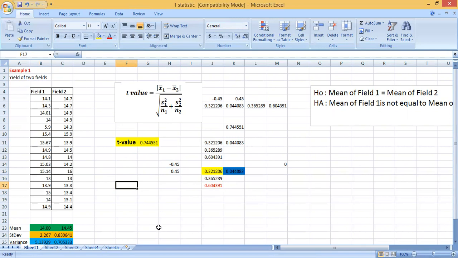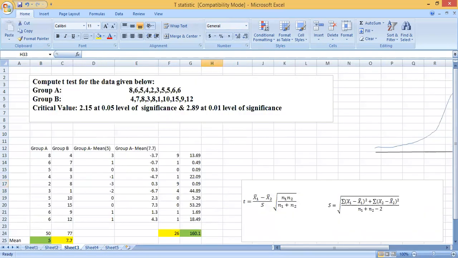Now I am going to shed some light on an example, and that example you can do in your exercise book. Here is the problem: compute the t-test for the data given below. There are two groups.